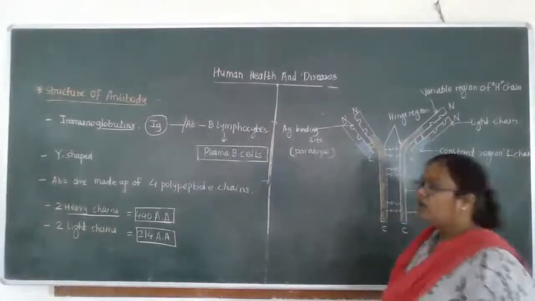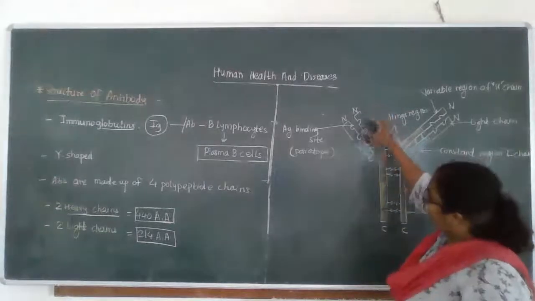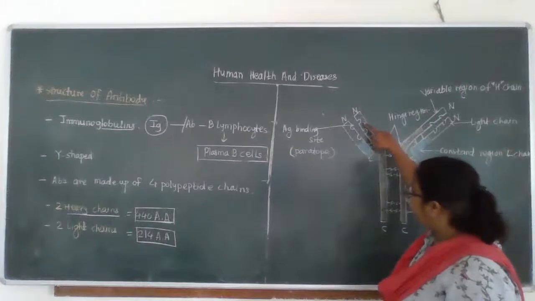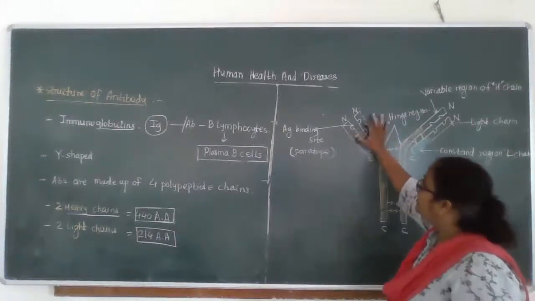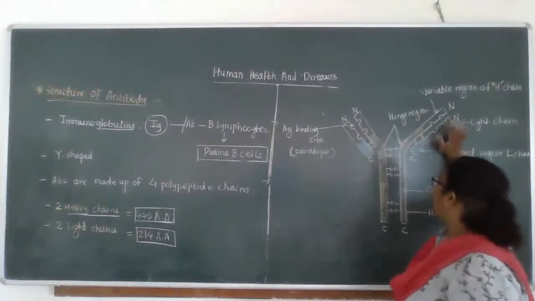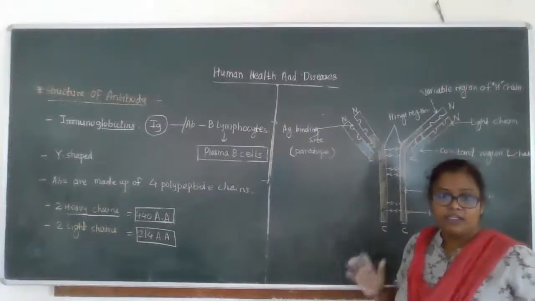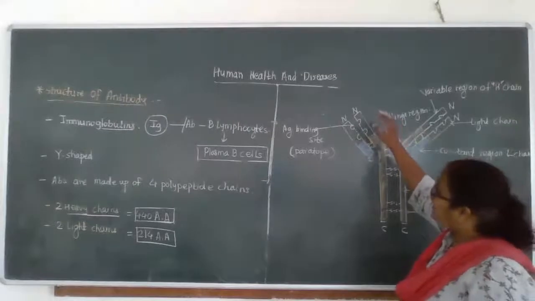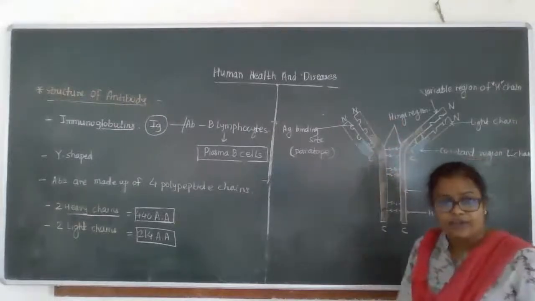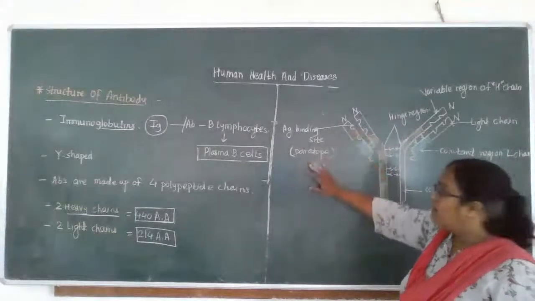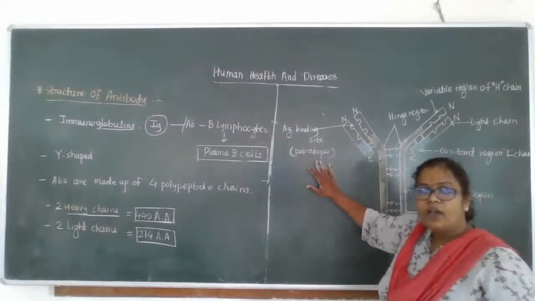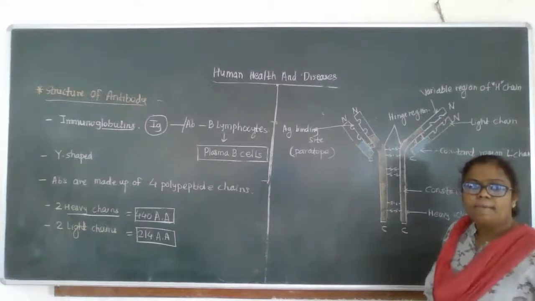Then at the variable region of both the heavy chain as well as light chain there is the antigen binding site. This antigen binding site, where the antigen has to bind, is called a paratope.